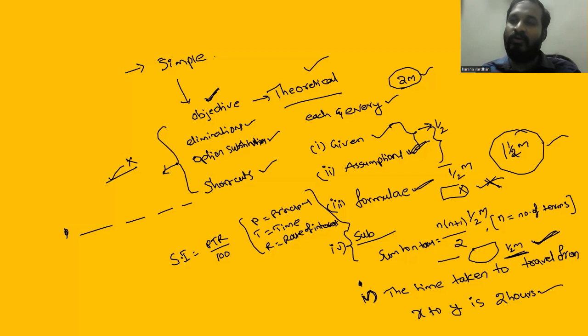So don't think, sir, if I skip this step, that it is a very small step. What is the need? That is understandable by everyone. Don't think in that manner. You should write each and everything clearly. Then only you will be awarded maximum marks. Otherwise, there is a chance of reducing the marks.